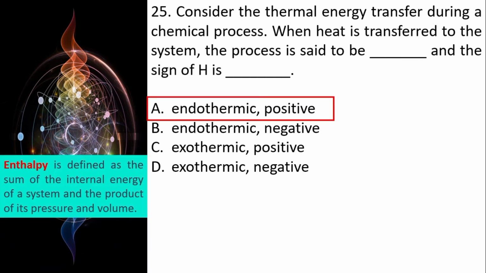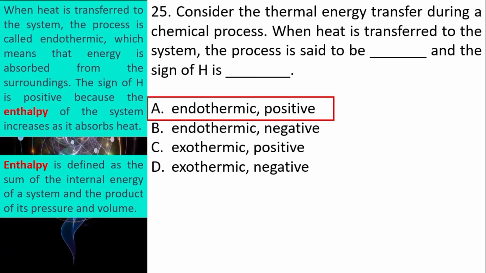Enthalpy is defined as the sum of the internal energy of a system and the product of its pressure and volume. So the internal energy of a system is increasing here. That means the enthalpy should be positive.